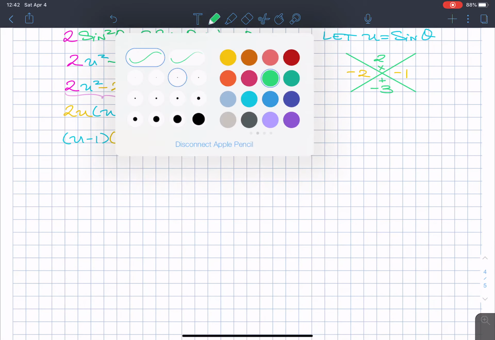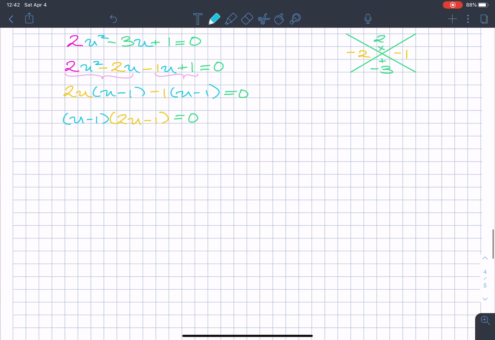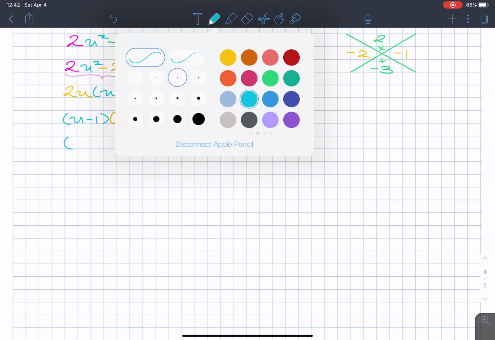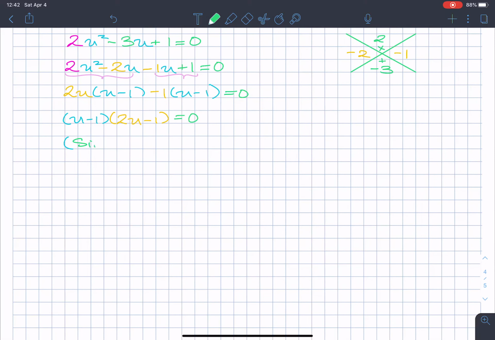But remember, u was a placeholder for sine. So this is really sine theta minus 1 times 2 sine theta minus 1 is equal to 0.